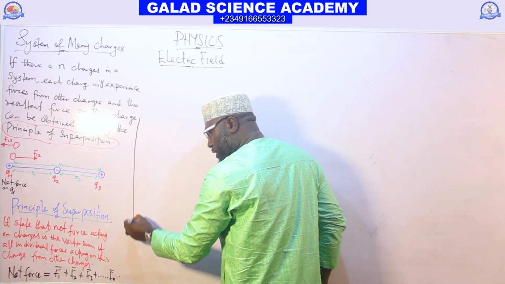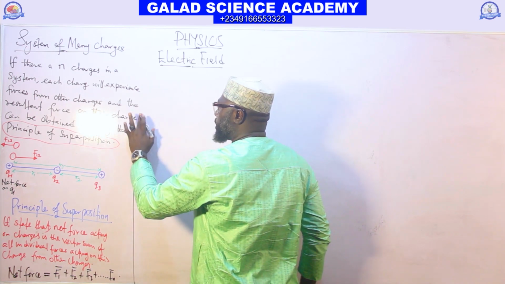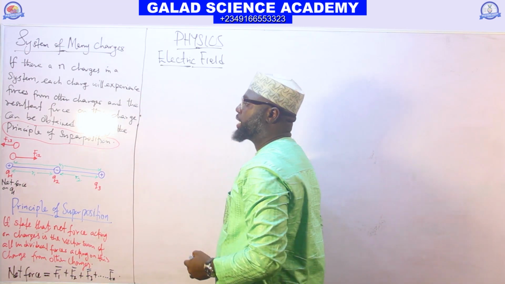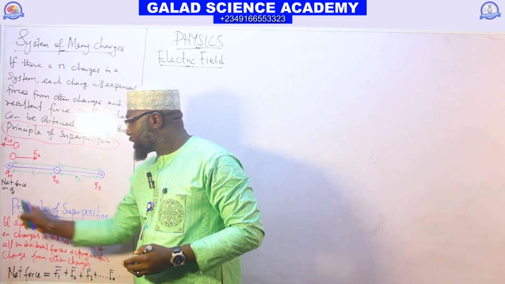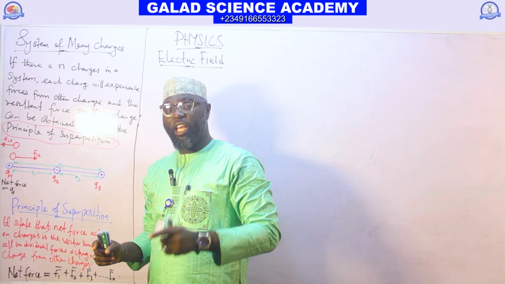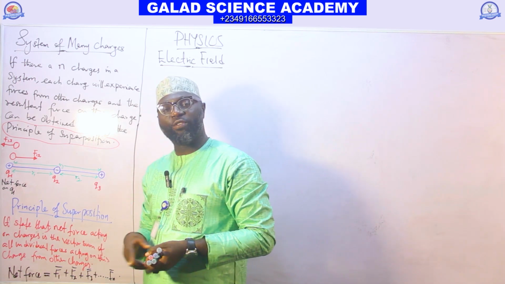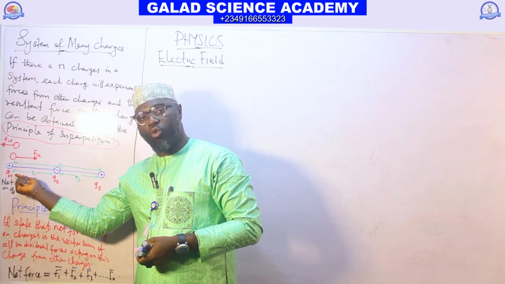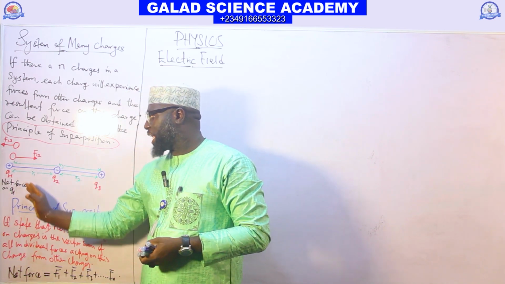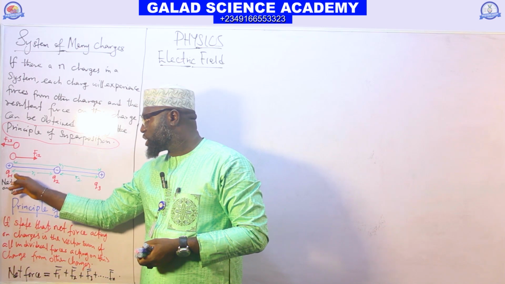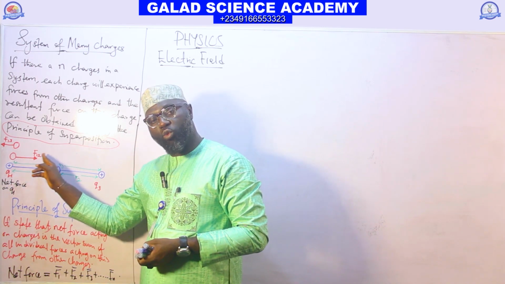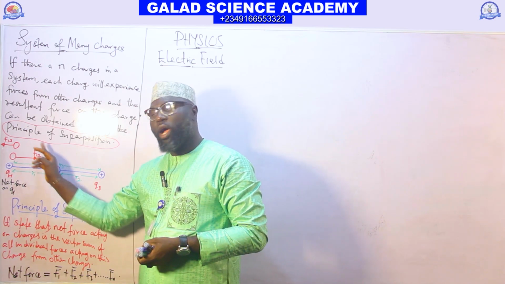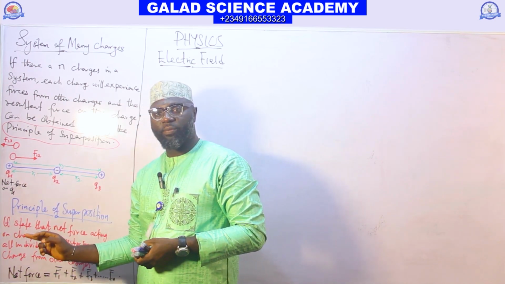So that is the superposition. It says the net force on this Q1 is the sum of the individual forces that are active on this Q1. From this analysis, we have how many forces on this Q1? We have force F12 and force F13.